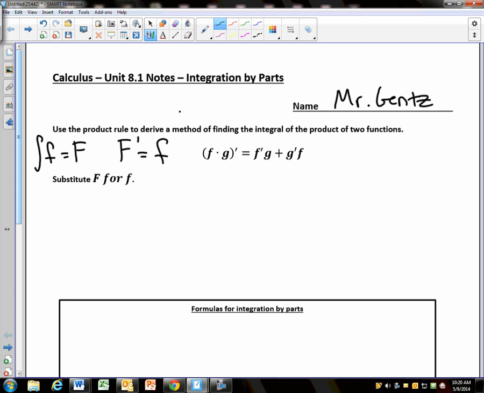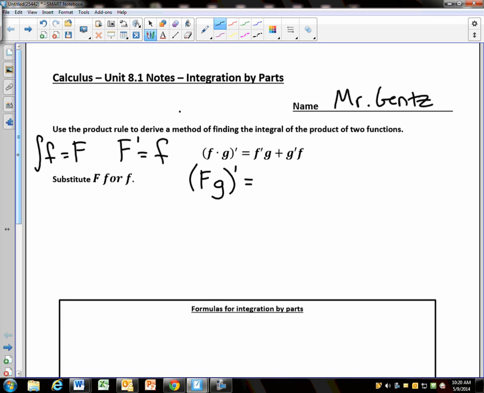And here's all I'm going to do. Just for the sake of notation, I'm going to substitute big F in for little f. So if I have two functions multiplied together, big F times g, then see if you can follow this.